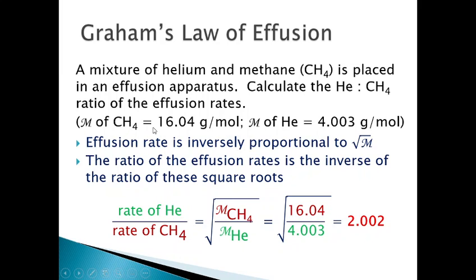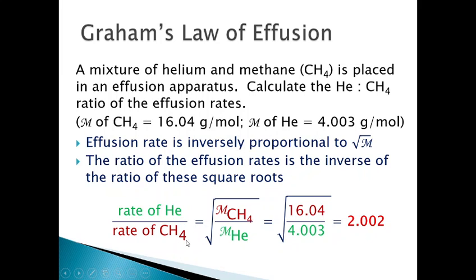Molar mass of CH4 is 16, molar mass of your helium is 4, and so all that this is really saying is that helium, because of the mass of how these things are set up, is going to escape 2.002 times faster than your CH4 is going to escape.